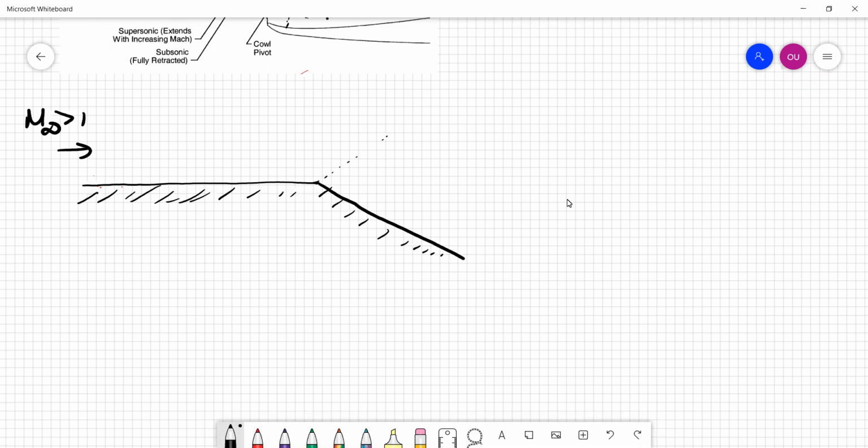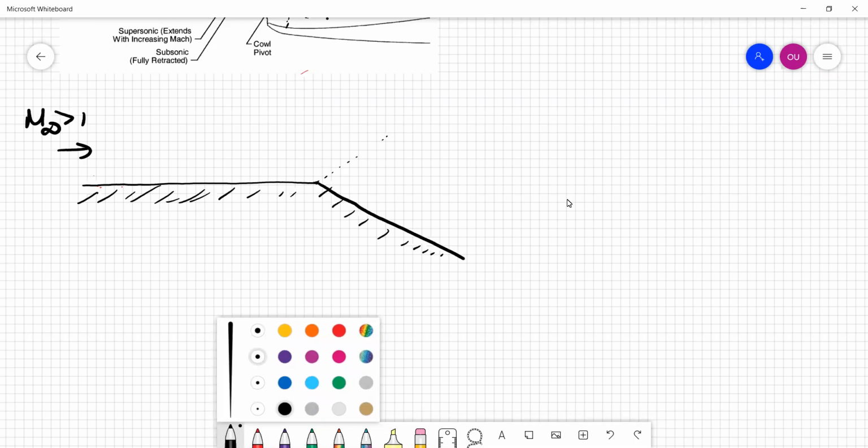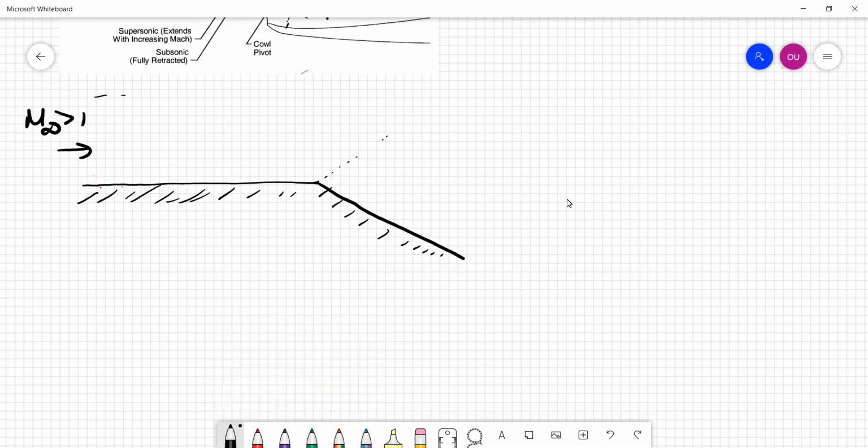What happens in reality is, if somewhere far away from the surface we have an imaginary streamline, something like that, the flow between this faraway streamline and this body suddenly experiences a sudden change in area.